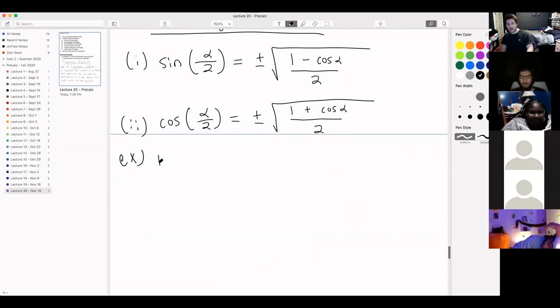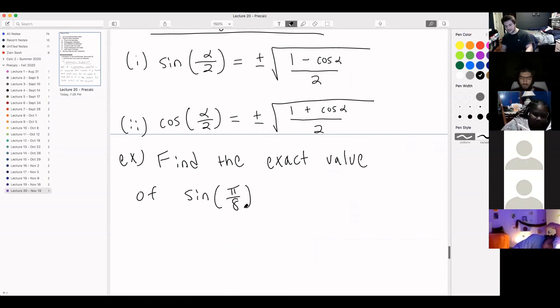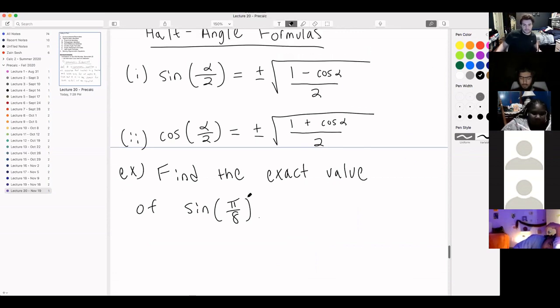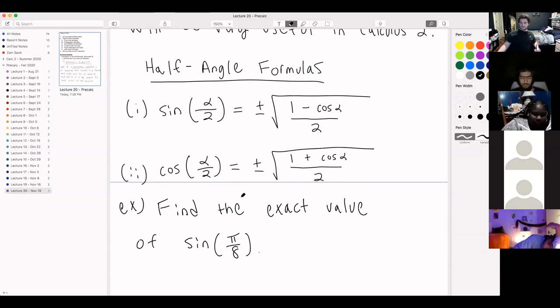Example, find the exact value of sine of pi over 8. Okay, how do I use this formula?